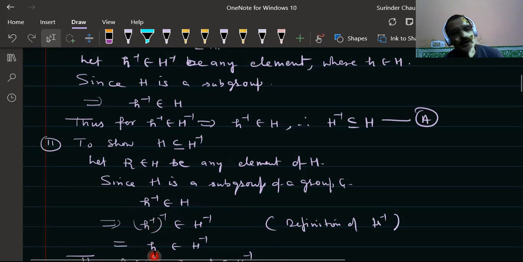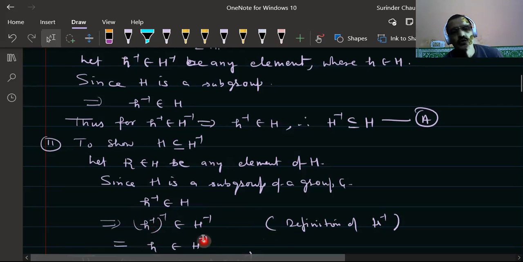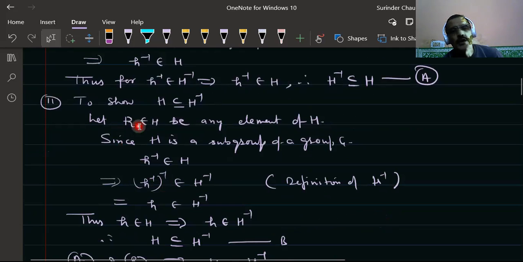So the inverse of h inverse, which is h, belongs to H inverse. We have taken h belongs to H and shown that h also belongs to H inverse, which implies H is a subset of H inverse.